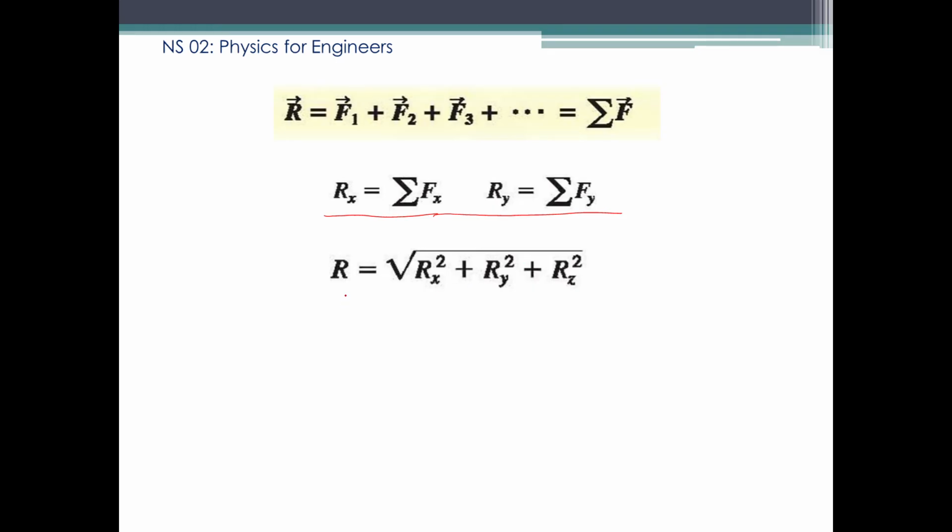If you have three-dimensional forces, so if you have already a z-axis, a spatial force or 3D force with a z component, so x component, y component, and the z component, so we must include the z components of the force. So the summation of the x components of the force squared plus the summation of the y components of the force squared plus the summation of the z components of the force squared.